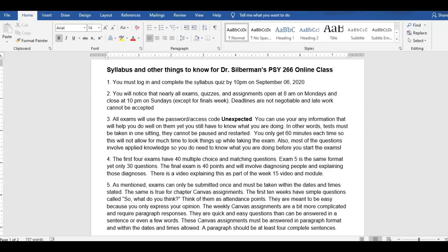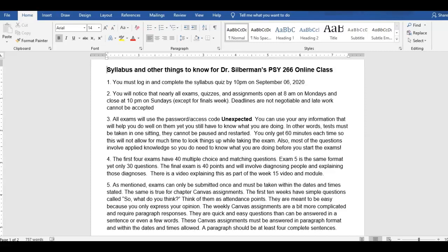Number 2, you will notice that nearly everything, all of the modules except finals week, start at 8 a.m. on Monday and close at 10 p.m. on the following Sunday. Nearly a week long, a week minus a few hours. So you need to do all your work within that time. Late work cannot be accepted.